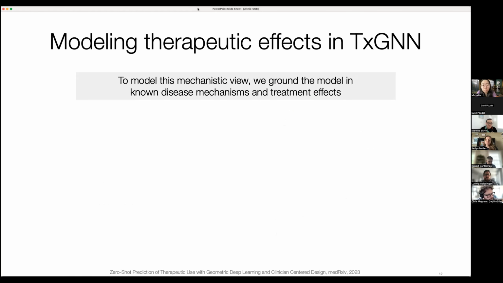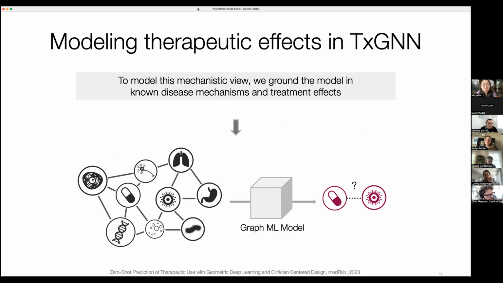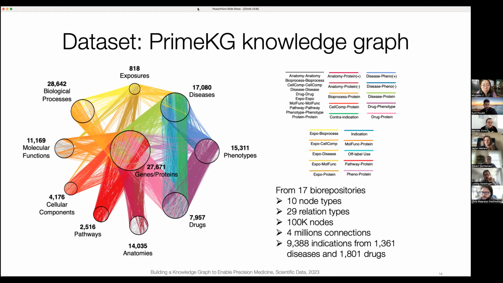And so to model this view, we ground the TXGNN model in known disease mechanisms and known treatment effects across the entire range of FDA-approved therapies and a range of diseases with some available treatments. And so this graph machine learning model, TXGNN, is then trained on this large knowledge graph. And once trained, it can answer queries around new drug-disease relationships. So what is this knowledge graph that the model is trained on?